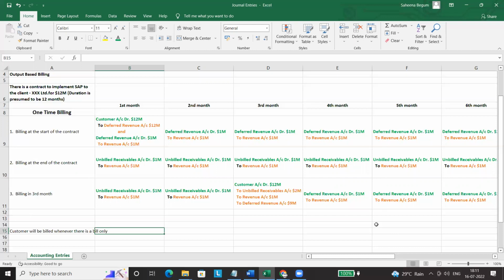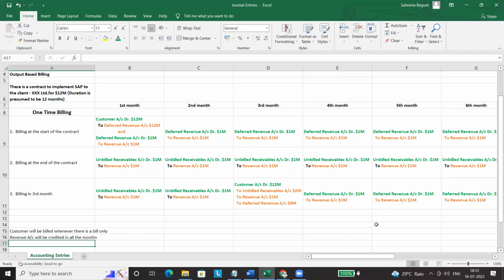Then only you bill, and in other cases you shouldn't. Second, revenue recognition, if you observe, is happening in all the months, so the revenue account will be credited in all the months.